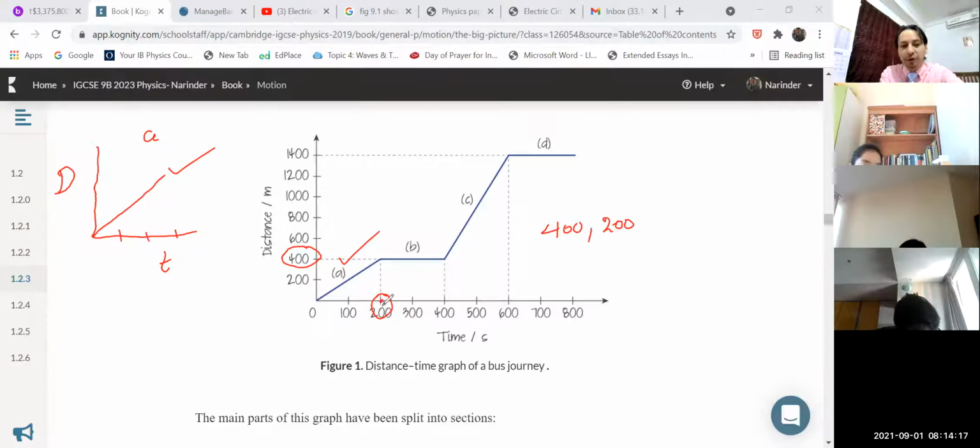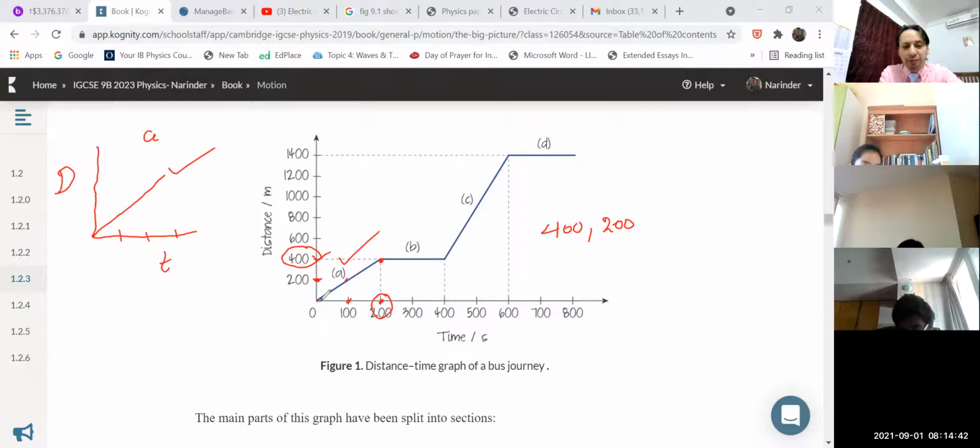The 200 will be here along the x-axis, the value of time, and the 400, that is the distance, will be here, and you have to plot the point here. Then you will see. Similarly, it's not just 400, 200. It's about many points. When the time is 100 seconds, at that time the distance covered, the point will be like here. Then you will join.